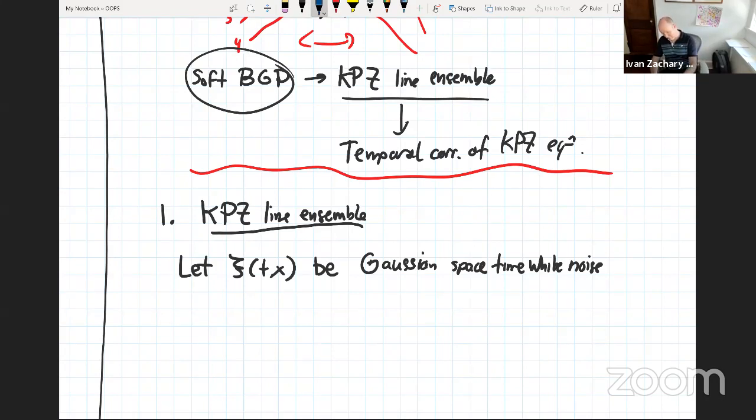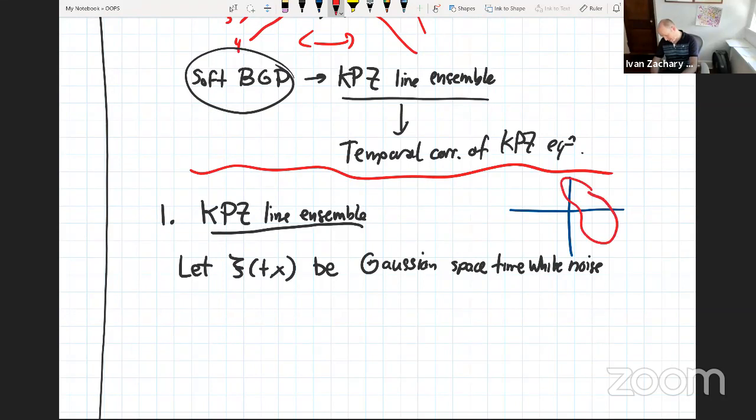So what is space-time white noise? If you've never thought about it, well, what is white noise? One-dimensional white noise is the derivative of Brownian motion. It has a covariance which says that if I integrate the white noise, which recovers Brownian increments, the covariance of the integral between two different intervals is the area of the overlap. Space-time white noise is defined by the same property.